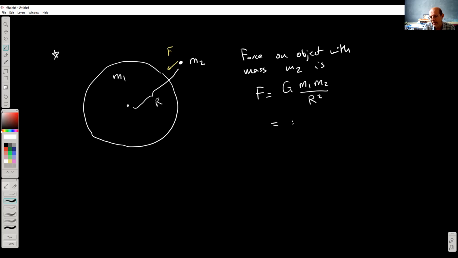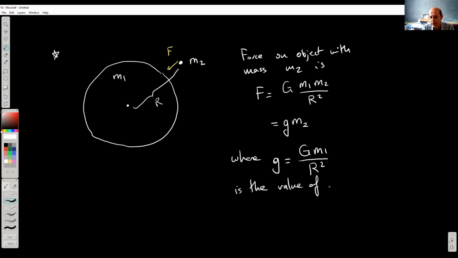So we can express this as M2 multiplied by some number. Here G times the mass M1 divided by R squared is the value of gravity.